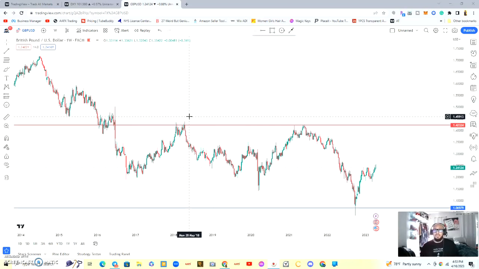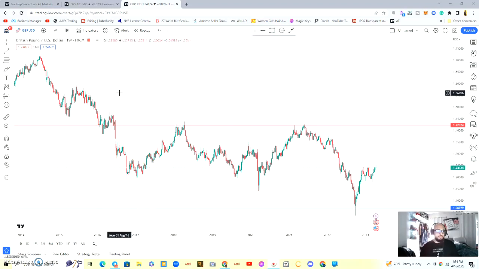And then we're going to switch over to the dollar to see if it's going to continue to be weaker for the following week, and what support level it is at the moment, to see if we're going to get a pullback and start pushing back up, because the dollar has been weak for several weeks now. So let's start with GbpUsd.